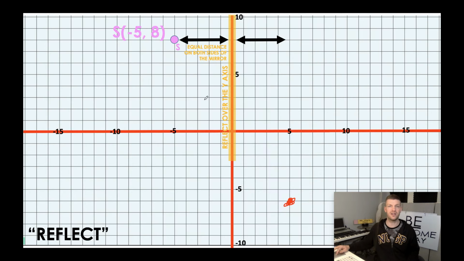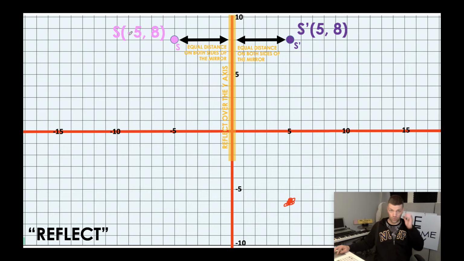So when we come here, S, this is the pre-image, so the image after the transformation is going to happen, after the reflection, S prime is the exact same height, or y value, and its x value, the distance has changed. So now we would say that S prime is +5, +8.